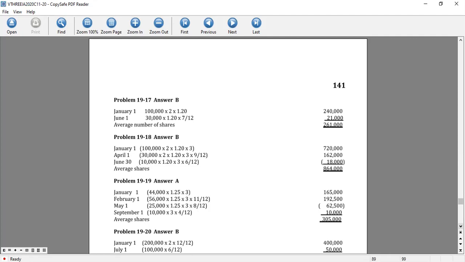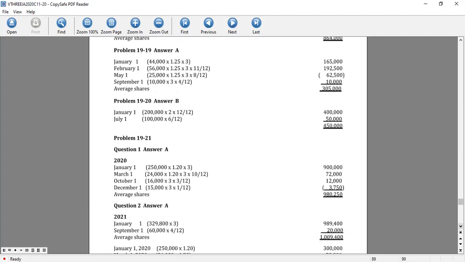Next, number 19. Again, we have one requirement, and it's the weighted average number of shares outstanding for the year. The company provided the following share transactions for the current year. On January 1, we have shares outstanding of 44,000. February 1, issued for cash. Acquired treasury shares on May 1.